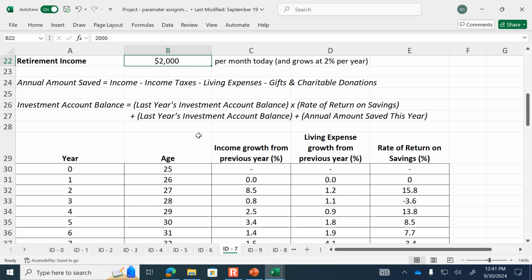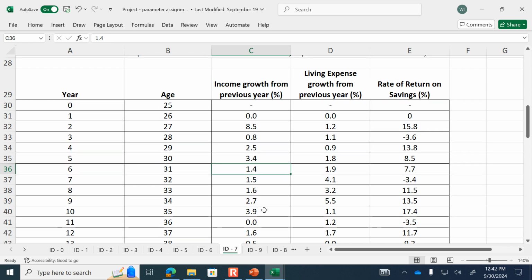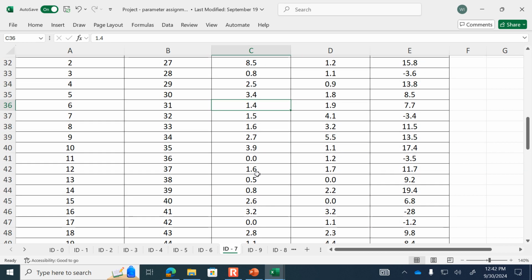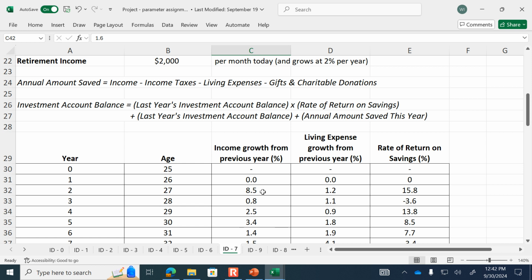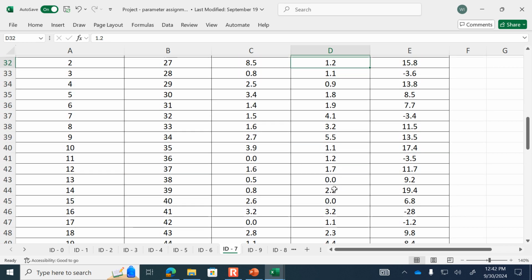And then over time, how much their income is growing. So this maybe is that they're getting raises or promotions, cost of living adjustments, and so on. And then I also have every year the living expenses are going up.